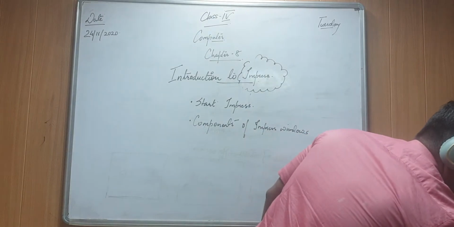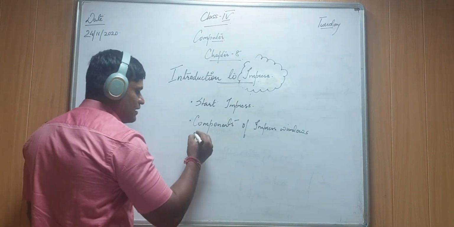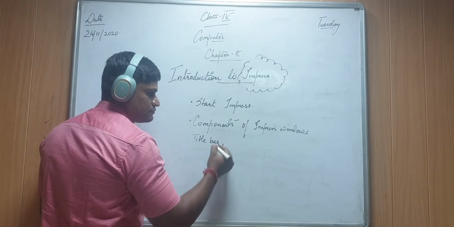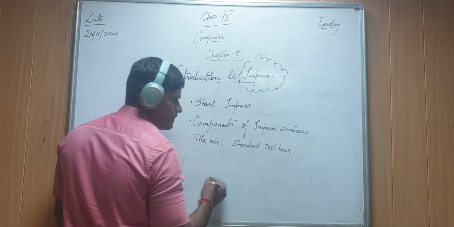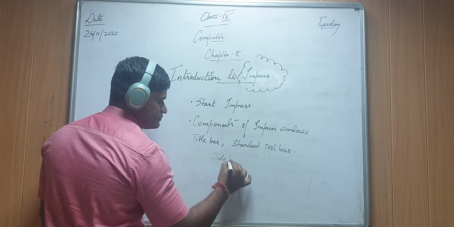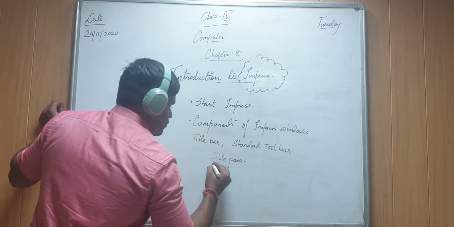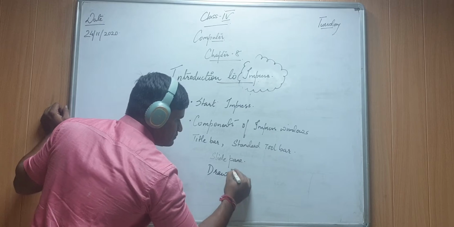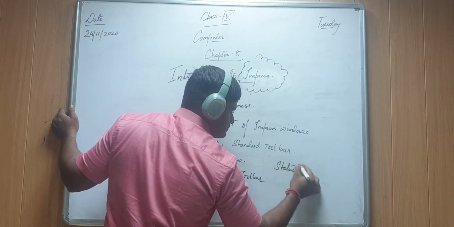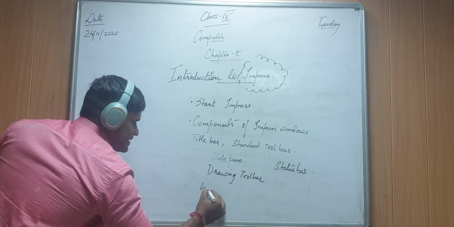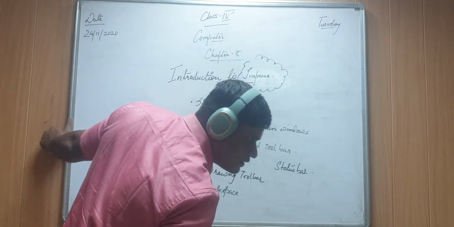Like we have done in the previous chapter also, in LibreOffice the commonly found parts are: title bar, standard toolbar, slide pane, drawing toolbar, status bar, workspace, slide bar.